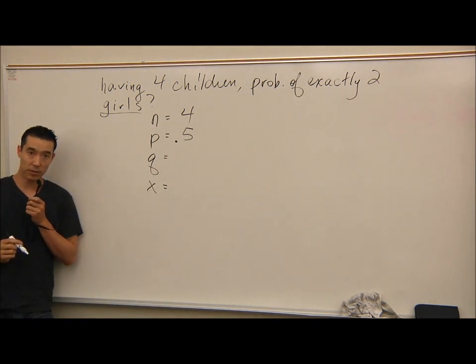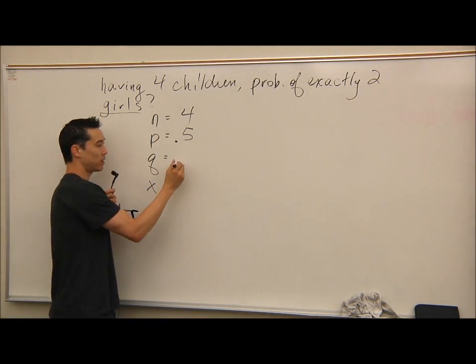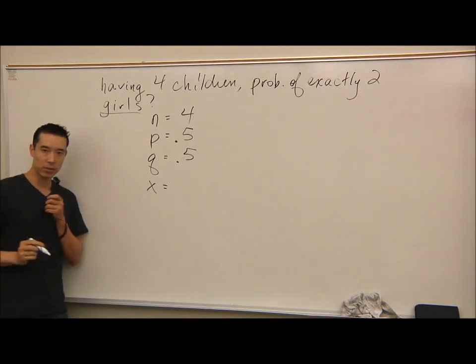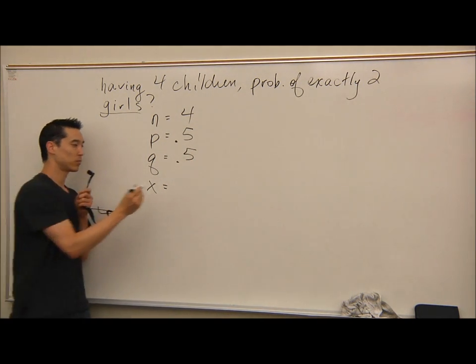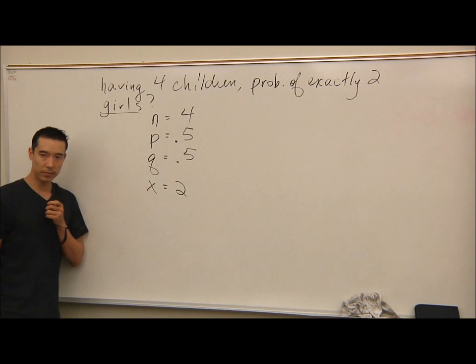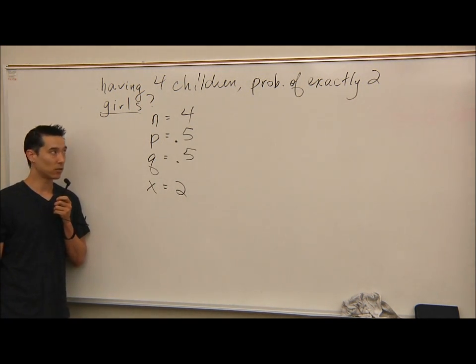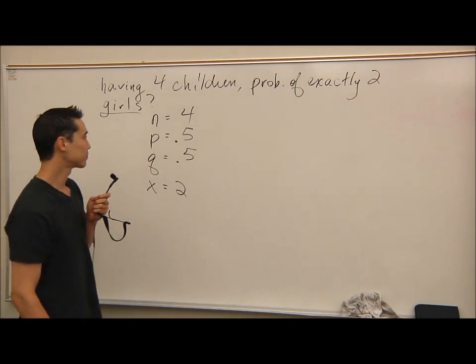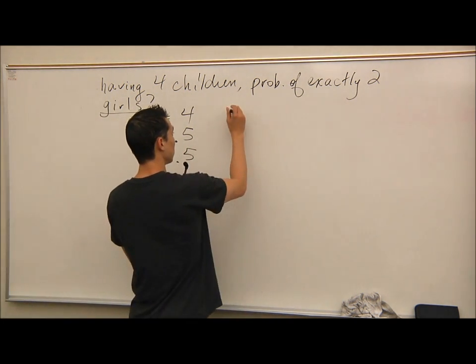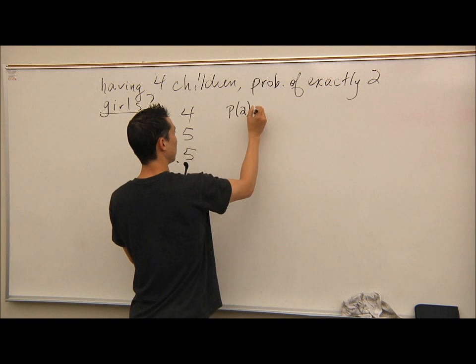If P is 0.5, what is Q? Also 0.5. And how many girls are we trying to have? Exactly 2. Okay, go to your formula, plug in these values, and tell me the probability of having exactly 2 girls.